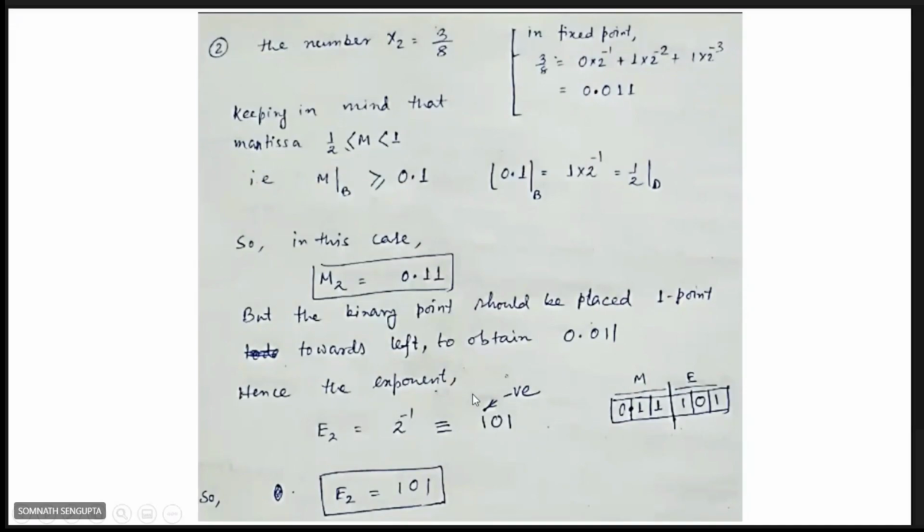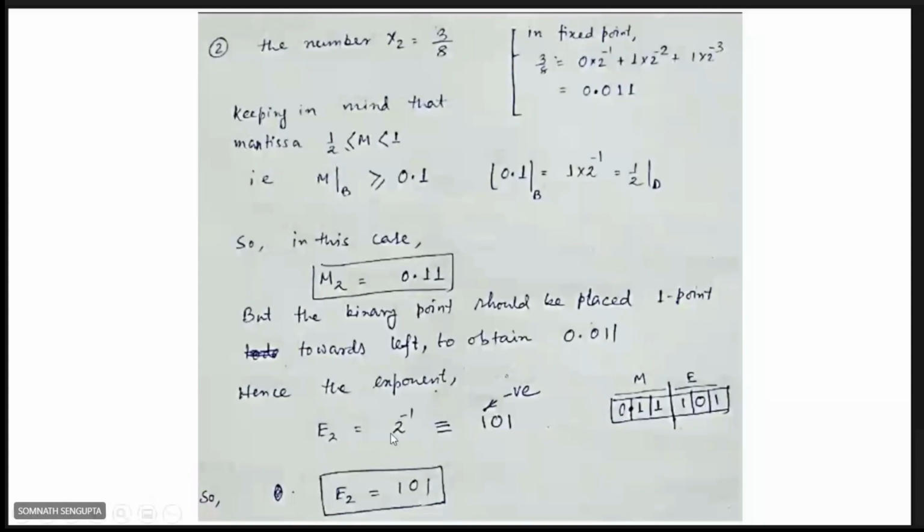So 2 to the power of minus 1 represents movement of the binary point by 1 unit left. If the binary point movement is 1 point right, then it should be 2 to the power plus 1.